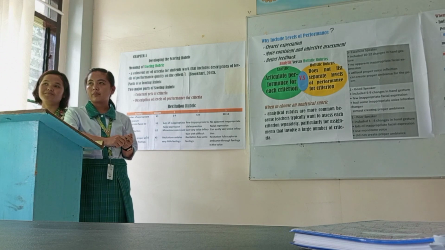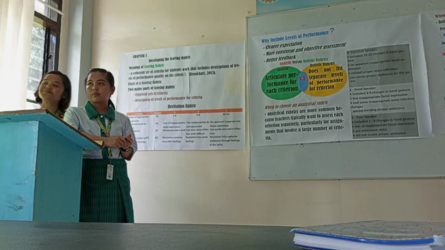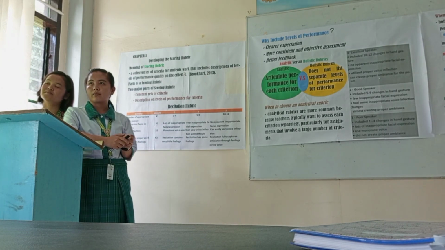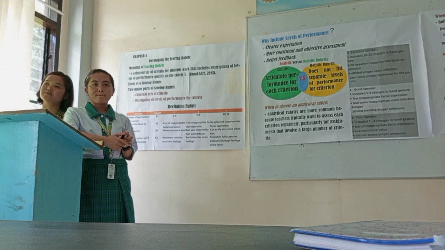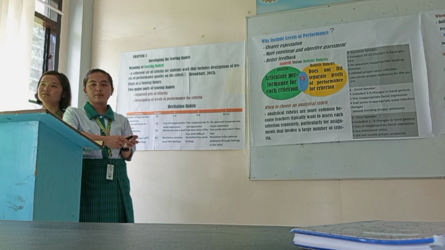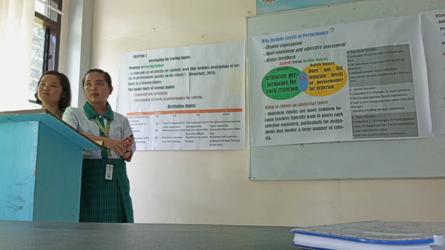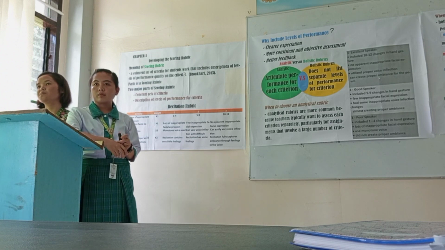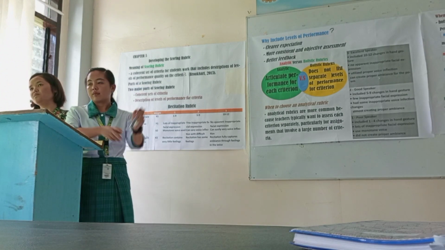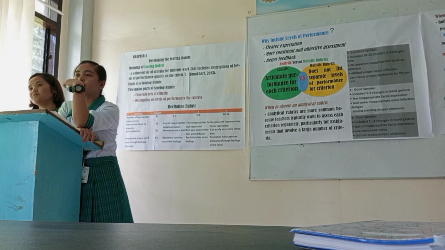In my own understanding about the analytical and holistic rubric, for example, in analytical rubrics, di ba, it depends kung naka-state ang bawat scoring niya. Like, for example, your teacher gives you a performance task, group siya. Then nagbigay siya ng creativity, cooperation, and content.